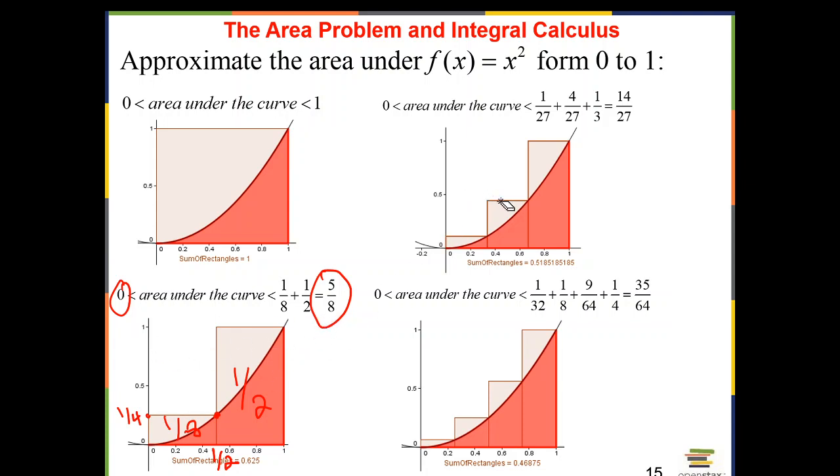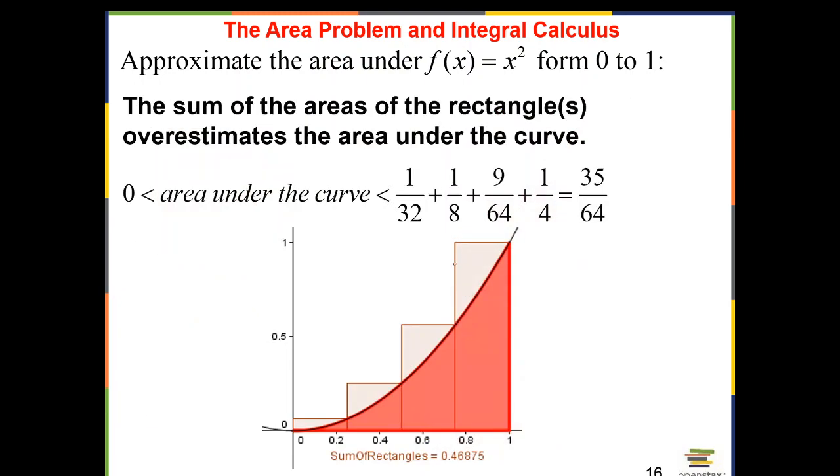Now, to do this, you can divide it into 3 parts and then divide it into 4 parts, right? And this way you can have a smaller error, right? See, our error here was that much, now it's only this much, then this much, and then this much. So if we continue with this process, the method of exhaustion, we can find an estimate for the area we're looking for.